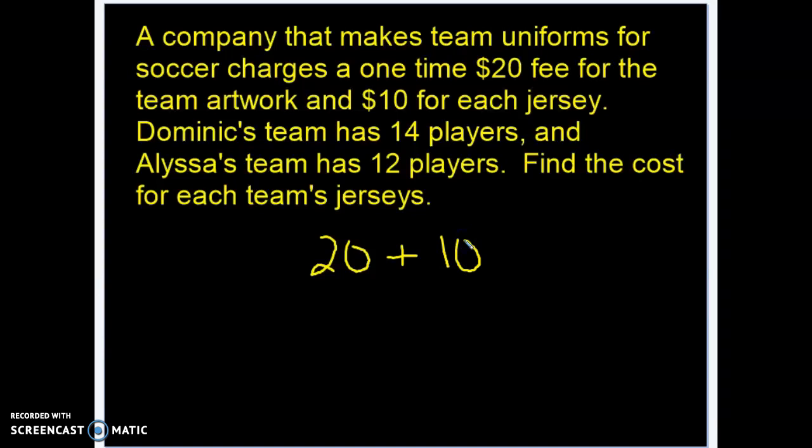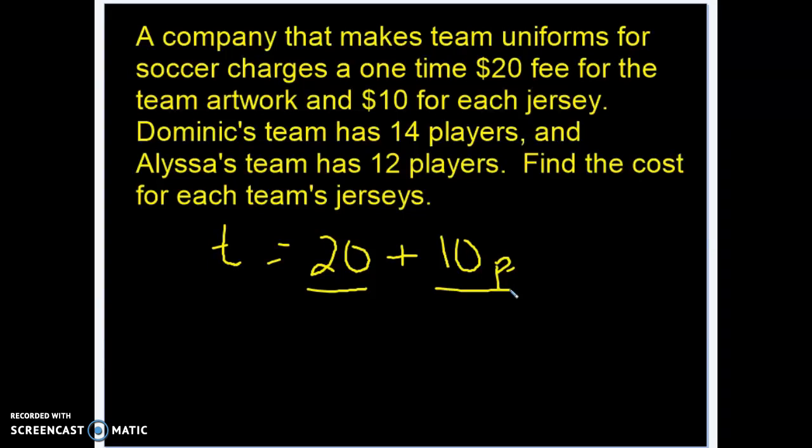So we can say $10 times each player that's on the team, so we'll put a P there, and that's going to represent the total cost. So our total cost is equal to $20, a one-time fee, plus 10 times P. So we can use this generic equation for any team.